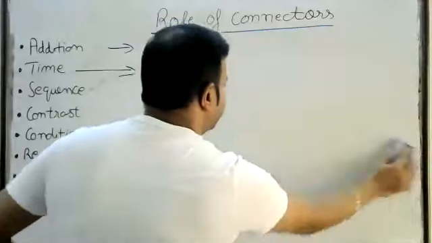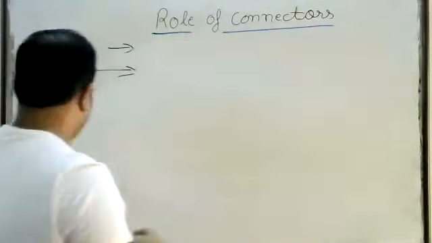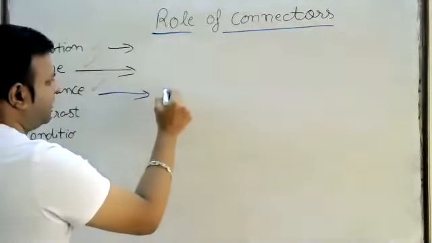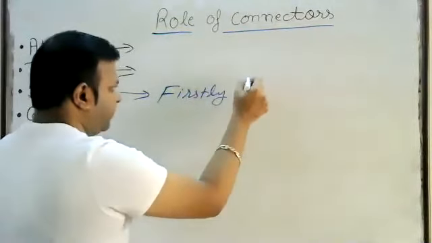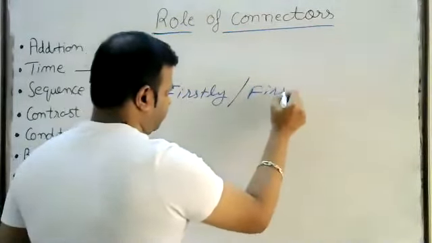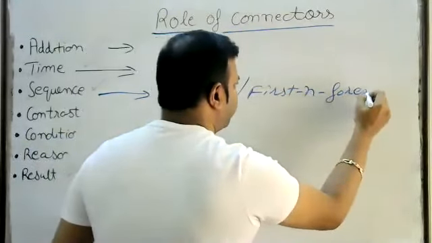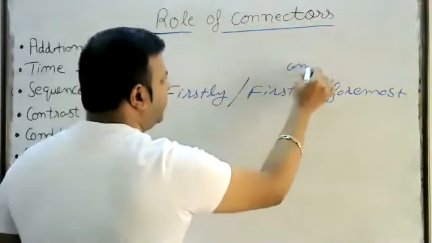Now let's move on with the sequence. I told you very specifically, sequence words are very important. Let's start with firstly, or first and foremost. Remember, "n" is basically "and".